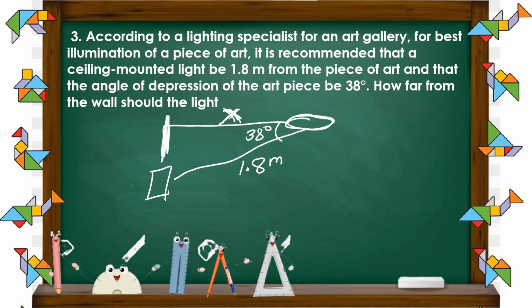We have to find the distance. So we have your 38 degrees, and then this is 1.8 meters. To find this value of x, what trigonometric ratio can we use? Let's illustrate it properly. This is 1.8, this is the value of x, and this is 38 degrees. So what trigonometric ratio can you use? I hope you can answer that one.